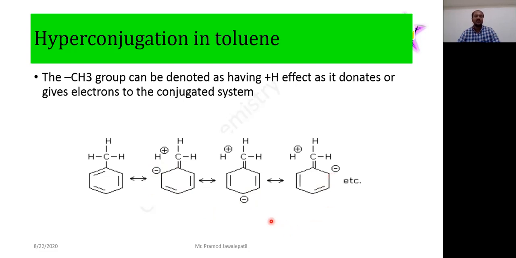Friends, that's why hyperconjugation also affects the reactivity of the molecule. The chemical properties also change. I hope all of you understand hyperconjugation in toluene and what is meant by hyperconjugation, and how it can be implemented in our chemistry.